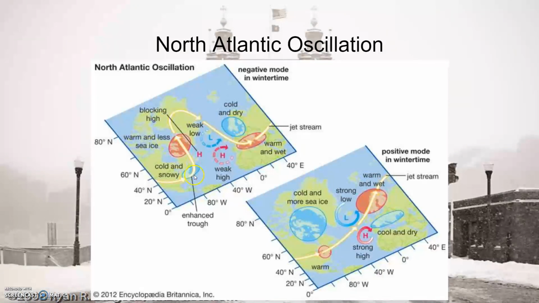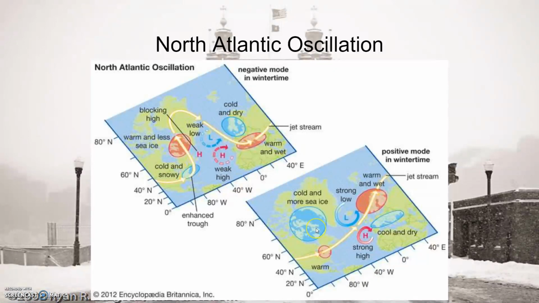So if you've got ridging here, then it means that you're pushing the polar vortex down into the US, which would make for a colder winter in the eastern United States. But unfortunately, that pattern doesn't look like it's going to be that prevalent this winter.